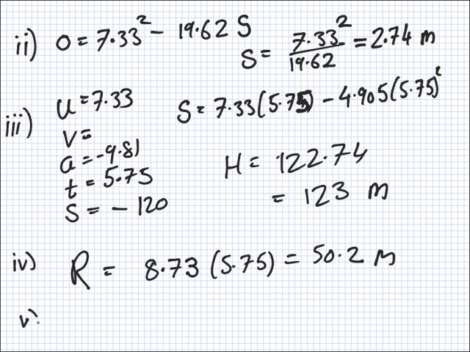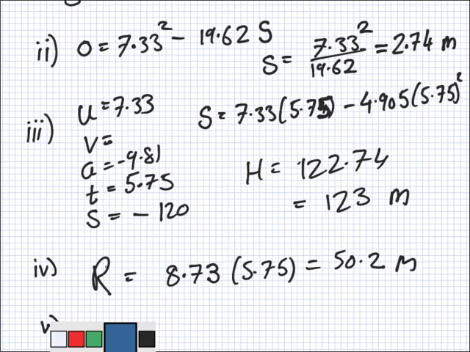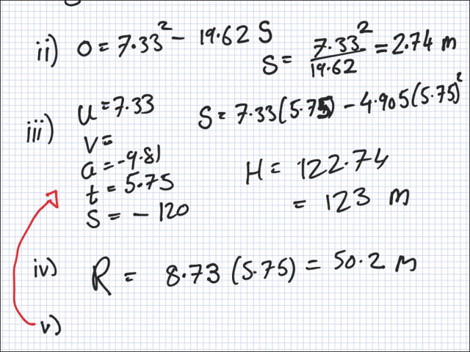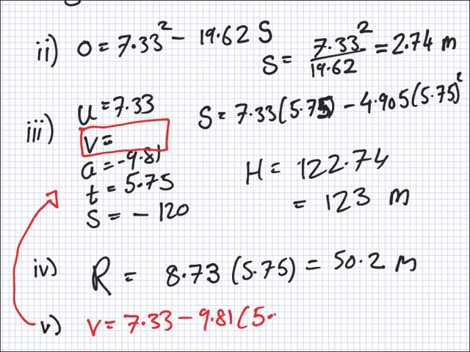Part 5 is a bit interesting because they make you go back to part 3 and they want to know what the V is here, the vertical velocity when it hits the ground. So we can say V equals U plus AT. You can get that.